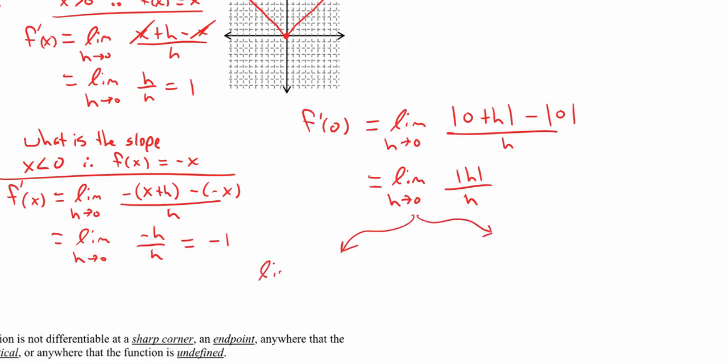So we'd say the limit as h approaches 0 from the left, the little minus sign there, of the absolute value of h over h would be equal to negative 1, and the limit as h approaches 0 from the right of the absolute value of h over h is going to be equal to 1.